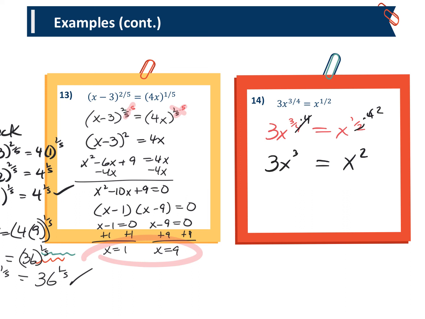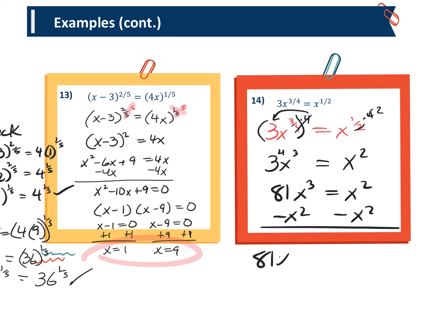And also know the whole thing is raised to the 4th. So then here what we need to do is make this 81x to the 3rd equals x squared. I need to subtract the x squared. I get 81x cubed minus x squared equals 0.